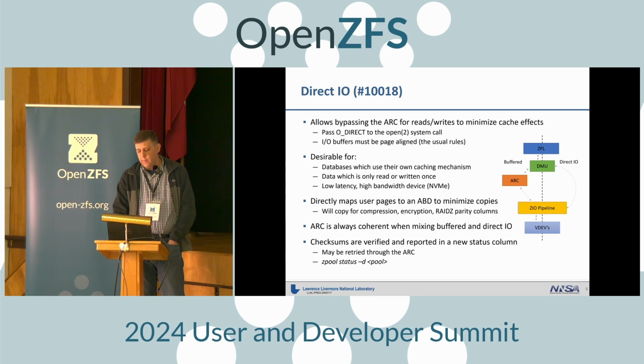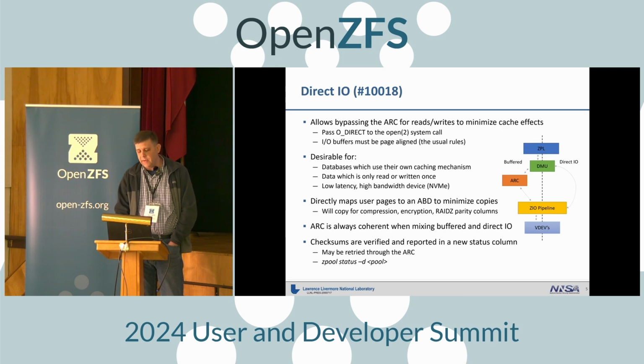And one other thing that was added here is a new extension to the zpool status command, where you can see not just errors that are introduced. Let me go back. Like I mentioned before, we're operating directly on the user pages, which means that the users have access to those pages. They can modify them, right? We're not copying the data directly into the ARC.